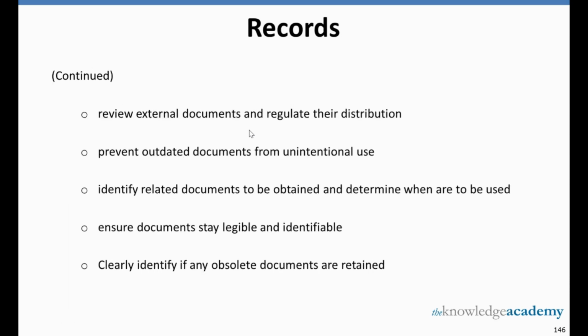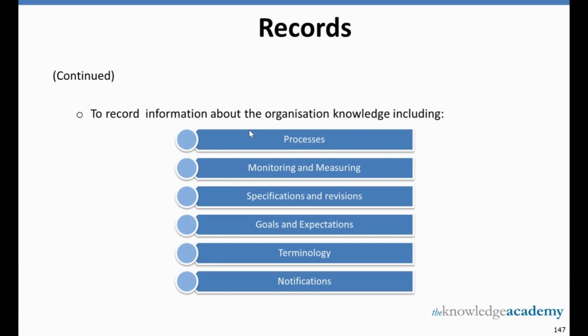And it should be able to review external documents and regulate their distribution, prevent outdated documents from unintentional use, identify related documents to be obtained and determine when they are to be used, ensure documents stay legible and identifiable, and clearly identify if any obsolete documents are retained.